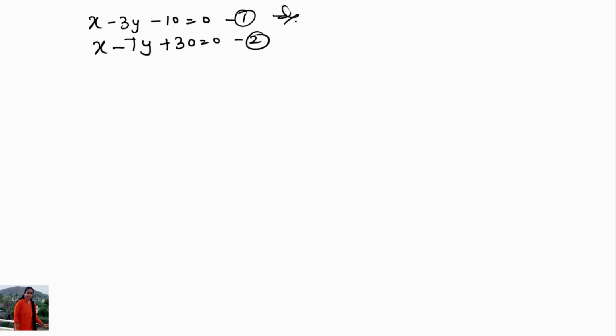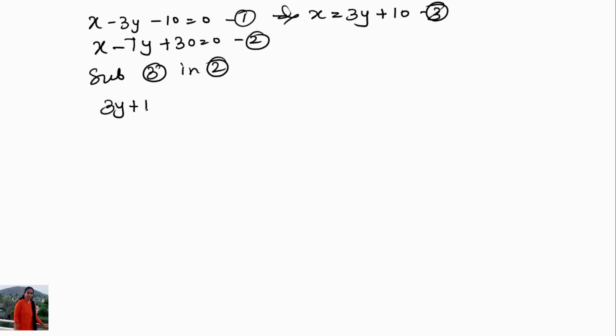So from 1 we can get the value of x. So x is equal to minus 3y will become plus 3y, minus 10 will become plus 10. So this is the third equation. So we can substitute 3 in 2. So instead of x, it is 3y plus 10 minus 7y plus 30 equal to 0.